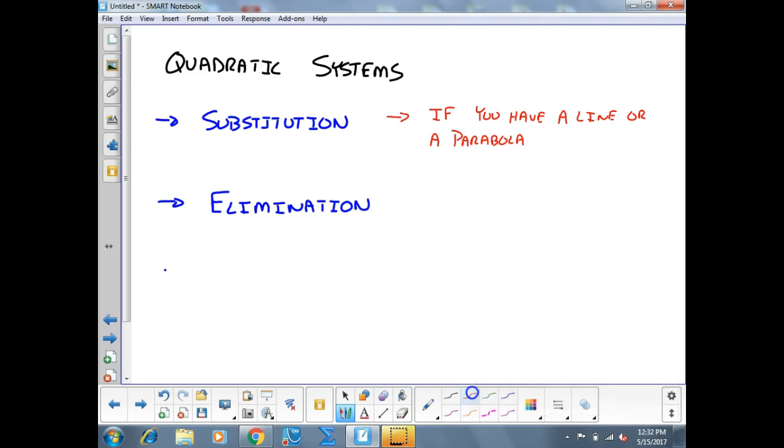There, you could also graph them, but I will tell you this, that on tomorrow's quiz, both of them are solvable. Both of them can be done with substitution. Actually, I lied. One of them can be done with substitution, and one of them can be done with elimination. So there's only 2 tomorrow. We only have an hour.